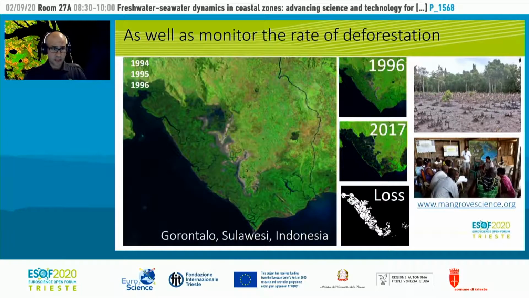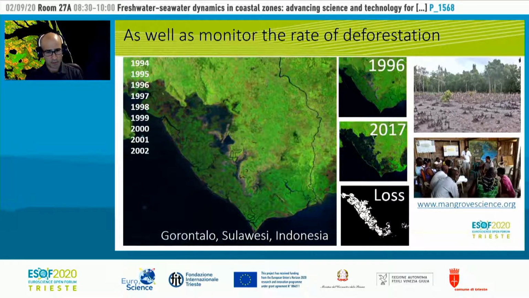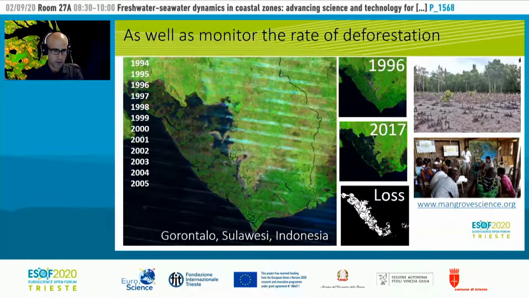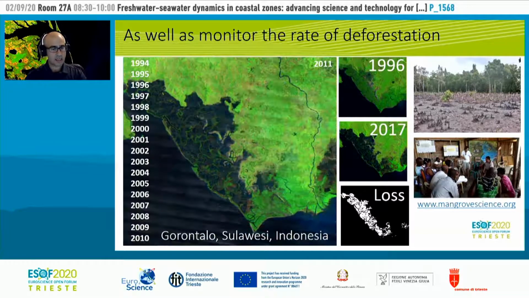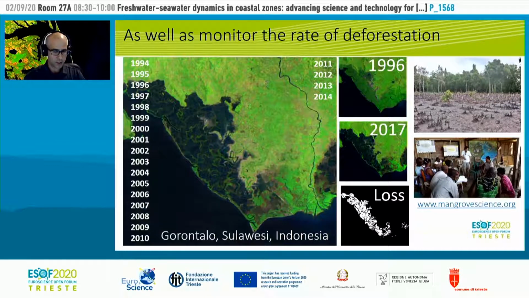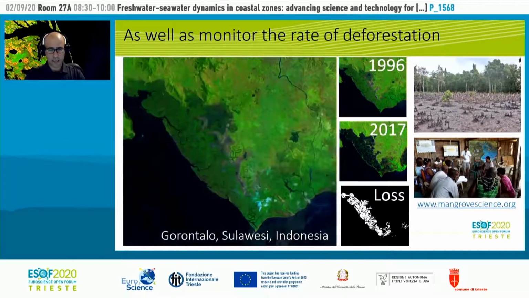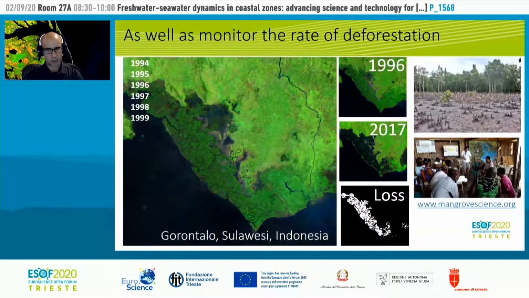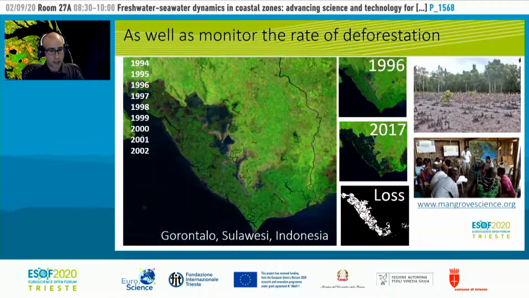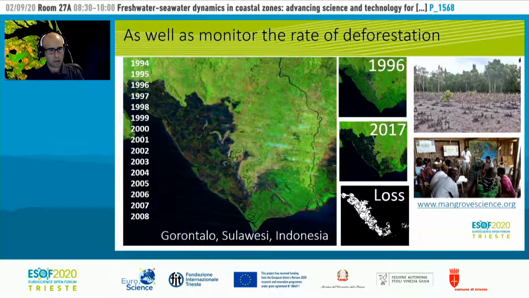In addition to identifying these vulnerable areas, we can monitor the rate of deforestation occurring in our coastal areas. On the left-hand side, I'm showing a Landsat satellite time series over Sulawesi Island in Indonesia. Over this 20-year period between 1994 and 2017, we're seeing a rapid decline in mangrove forest cover as it's being converted to shrimp ponds.